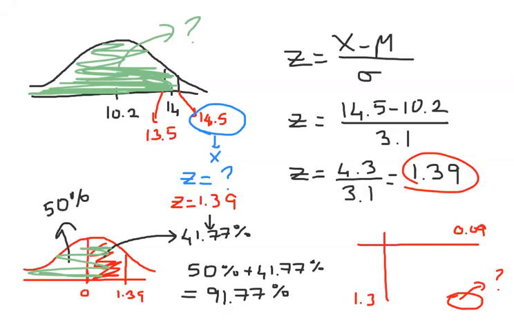We can say that 91.77% of the time we will achieve 14 or fewer defective batteries when we randomly sample 170 from our population.